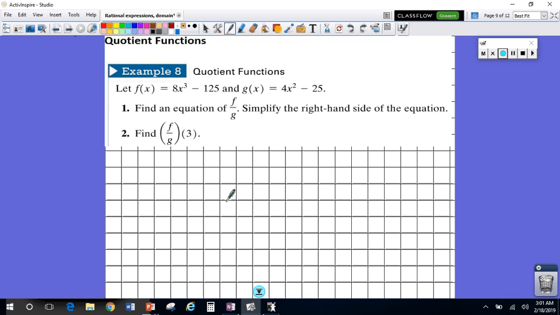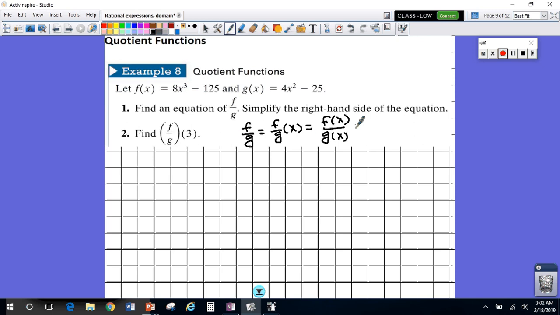This is the quotient of functions, which means when you divide these two functions, f over g. I told you at the beginning of this section, f over g I can also write as f over g of x, because the given function is in terms of x, which gives you f of x over g of x.